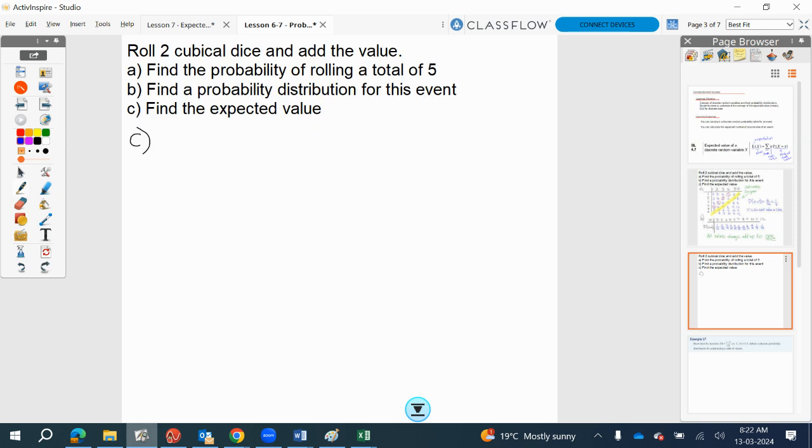So to do this calculation, the expectation of event x is equal to, and we're adding them all up. The first x value is 2, and that was 1 over 36. The next x value was 3, and that was 2 over 36. And we just keep adding them.